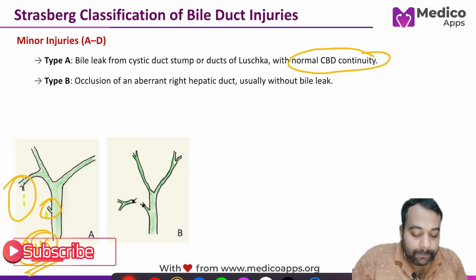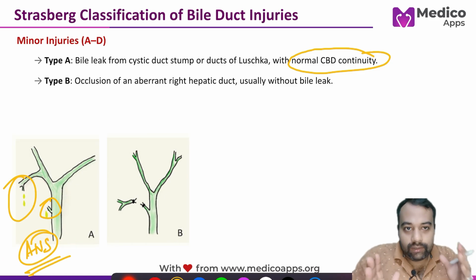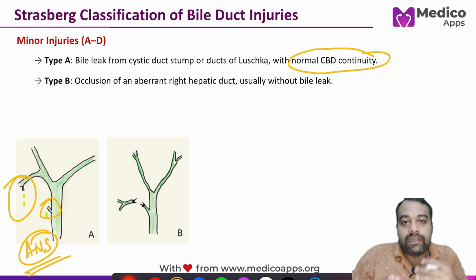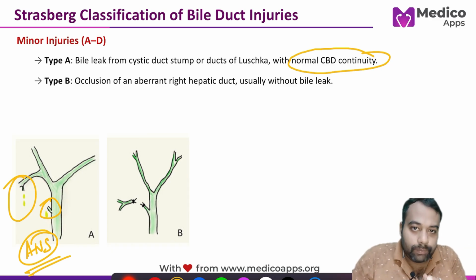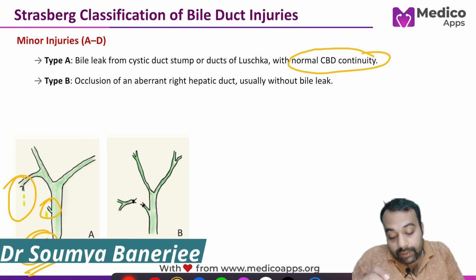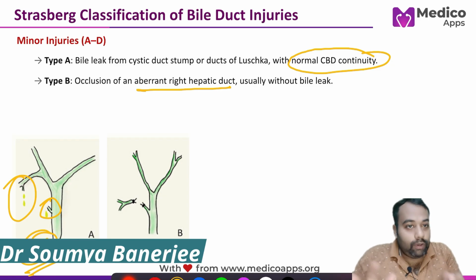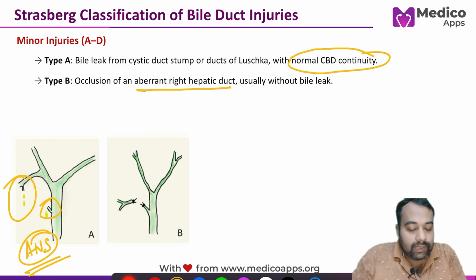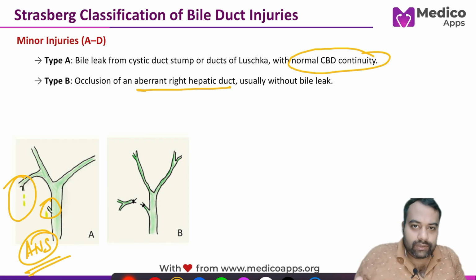occlusion. Okay. Your type B and type C are more or less similar: the level of the injury is somewhere similar, but how it presents is going to be the difference. In case of type B, there is an occlusion of the aberrant right hepatic duct. I have already mentioned the aberrant right hepatic duct, which is aberrant in nature, draining directly into the CBD and located abnormally, right?